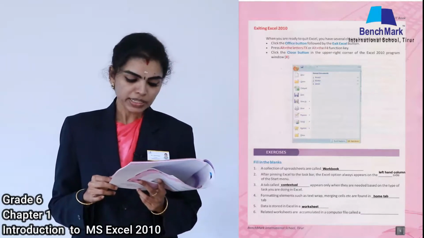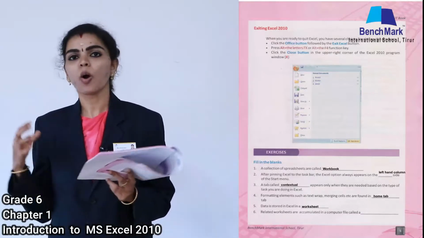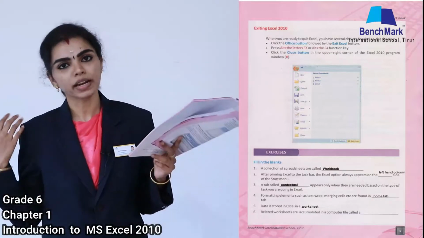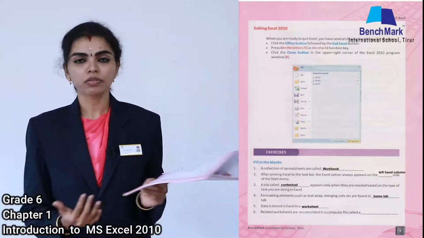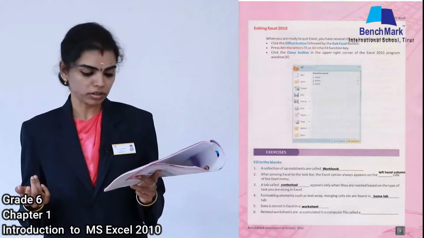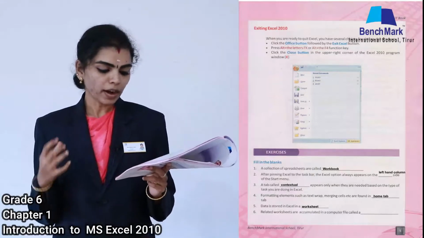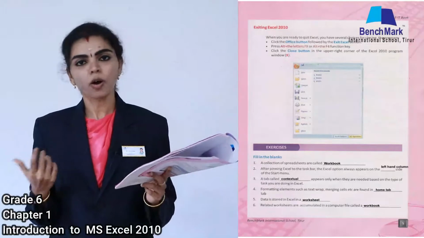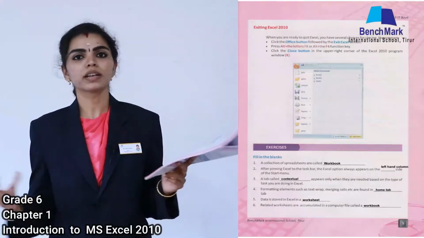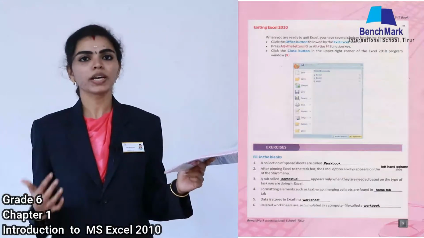Data is stored in Excel in a worksheet. So all the data is stored inside our worksheet, and a collection of worksheets we call a workbook. Related worksheets are accumulated in a computer file and called a workbook.